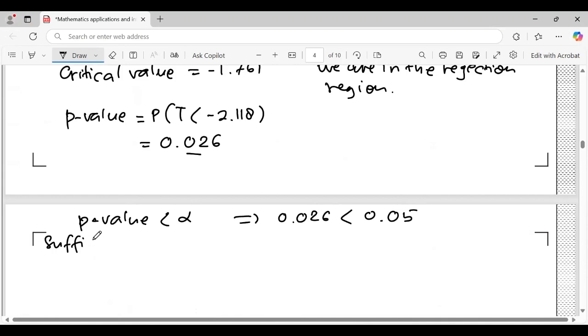So we have sufficient evidence to reject the null hypothesis.